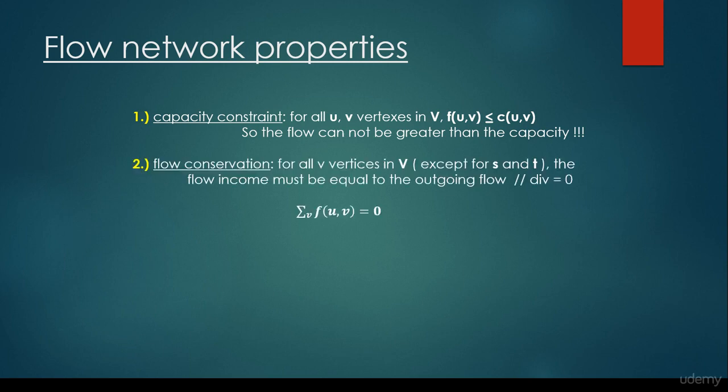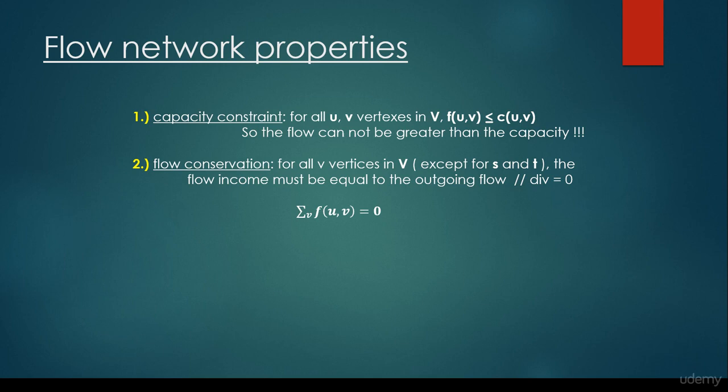What about the second property? This is the so-called flow conservation property. So for all the v vertices in the graph G with the V set of vertices, except for vertex s and vertex t, so basically the source and the sink, the flow income must be equal to the outgoing flow.